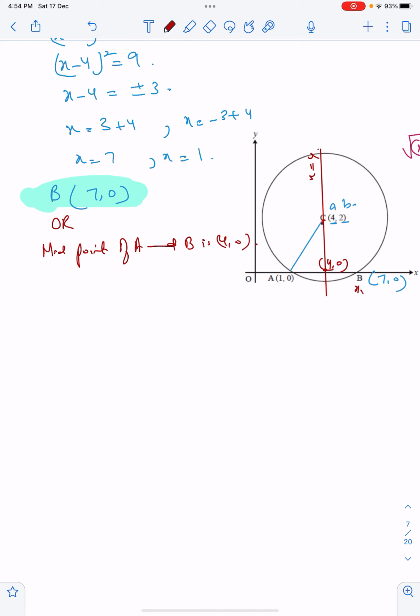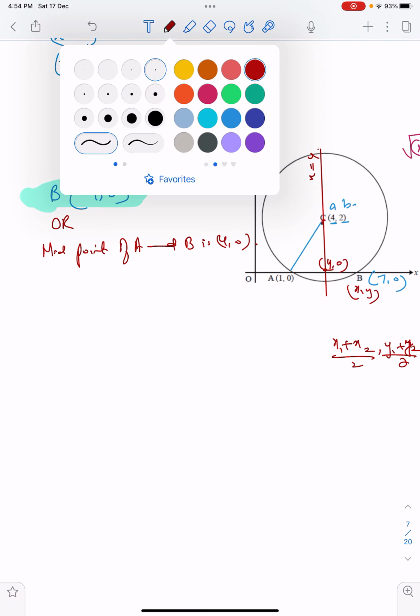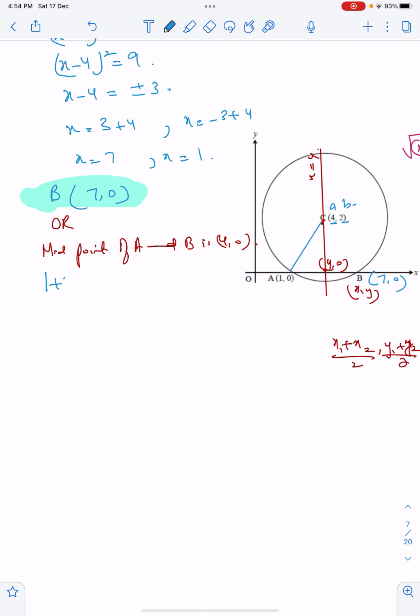So I'm going to take B as (x, y). I'm going to apply the formula of the midpoint, which is (x1 plus x2) upon 2 and (y1 plus y2) upon 2. So (1 plus x) divided by 2 and (0 plus y) divided by 2 is equal to (4, 0).